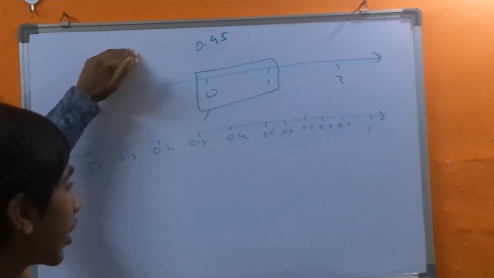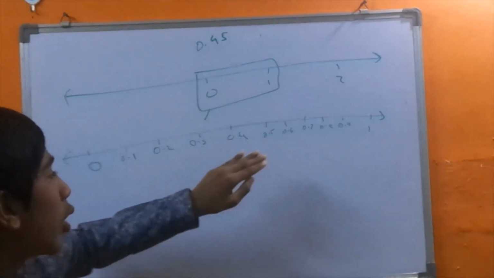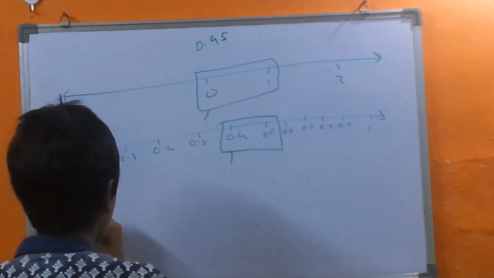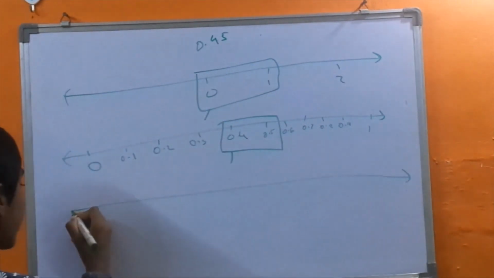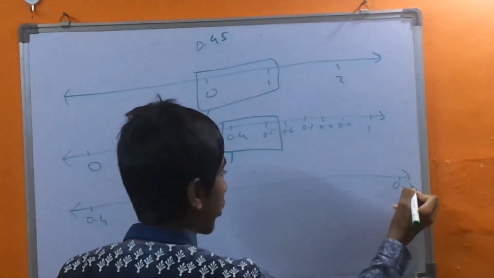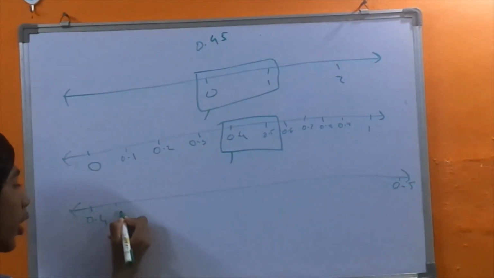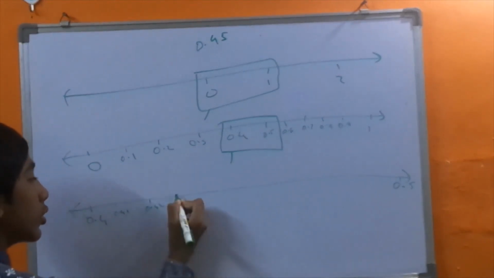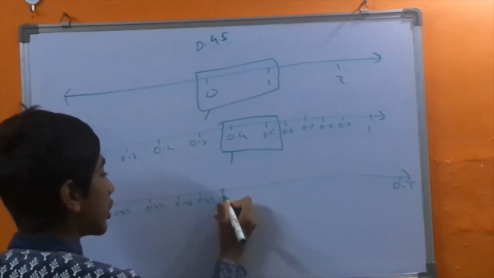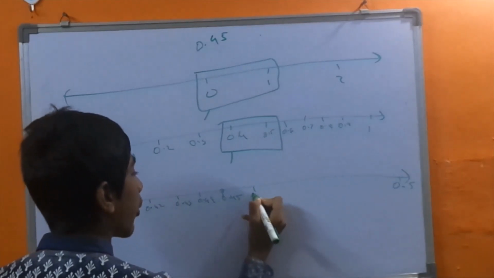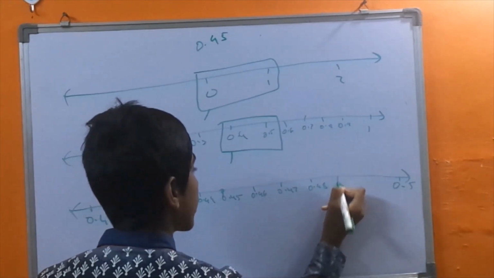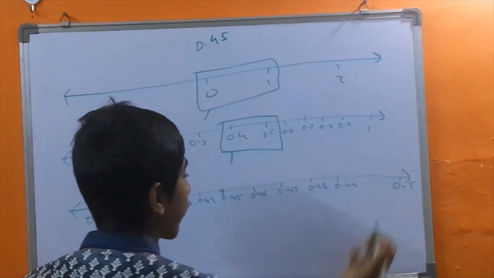Now 0.45 is between 0.4 and 0.5. So we again magnify this part and divide it into 10 parts. Here 0.4, 0.41, 0.42, 0.43, 0.44, 0.45, 0.46, 0.47, 0.48, 0.49 and 0.5.